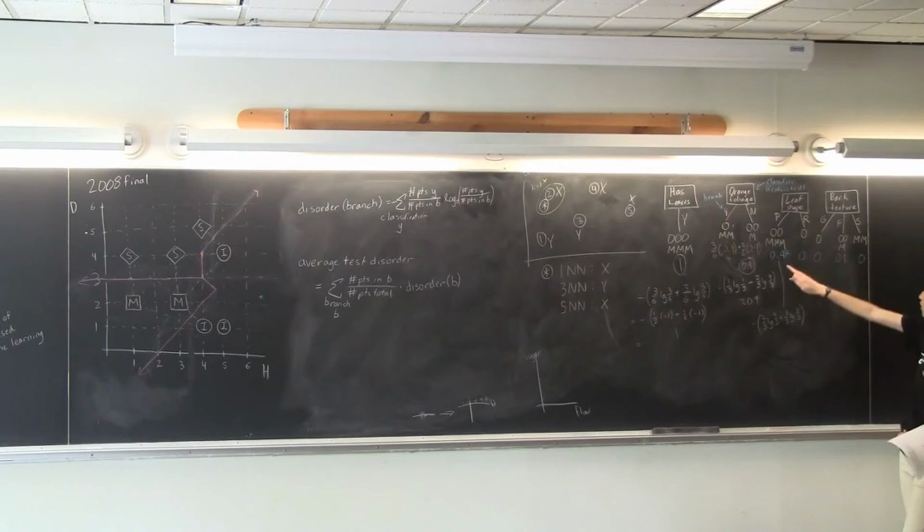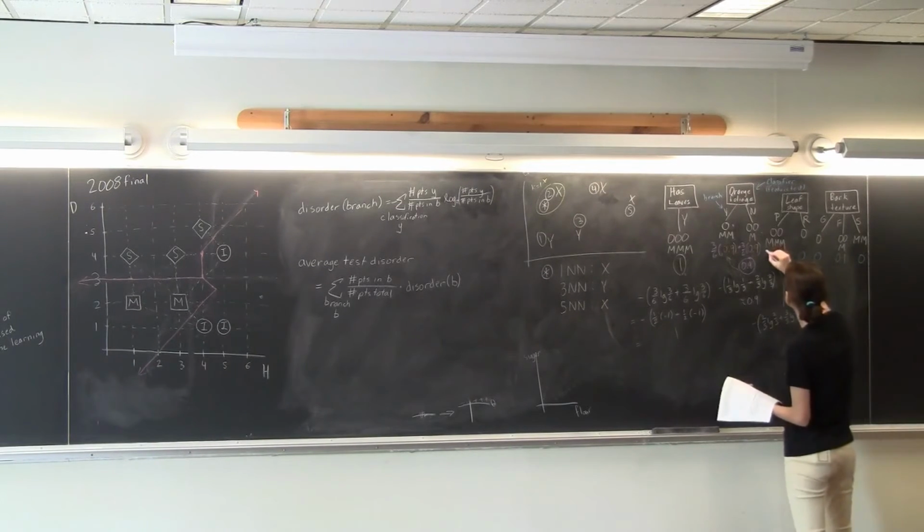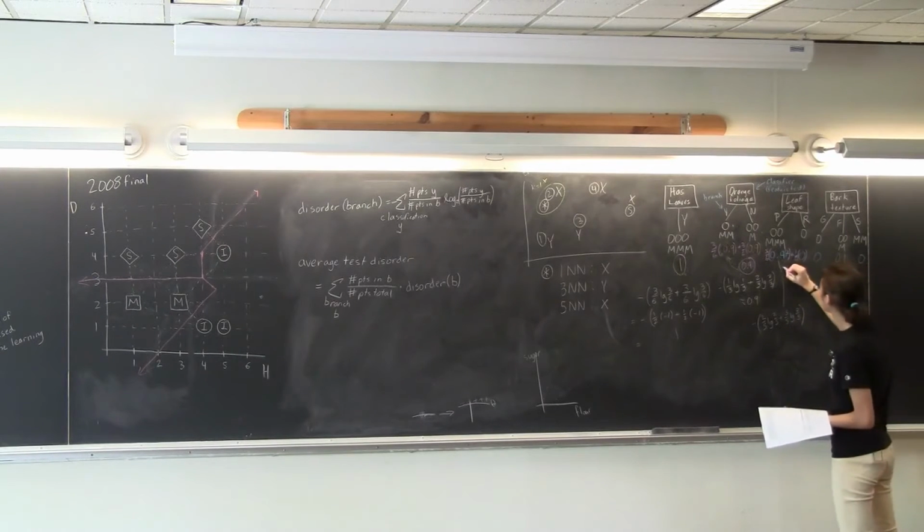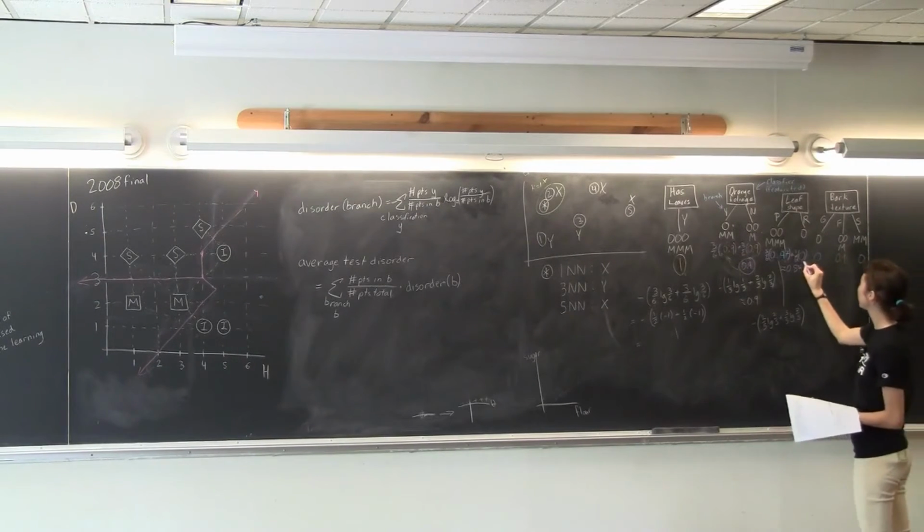And then for leaf shape, what fraction are in the pointy branch? 5/6. So we'll have 5 over 6 times 0.97 plus 1/6 times 0. I think that comes out to somewhere around 0.84 maybe. You can check that later.